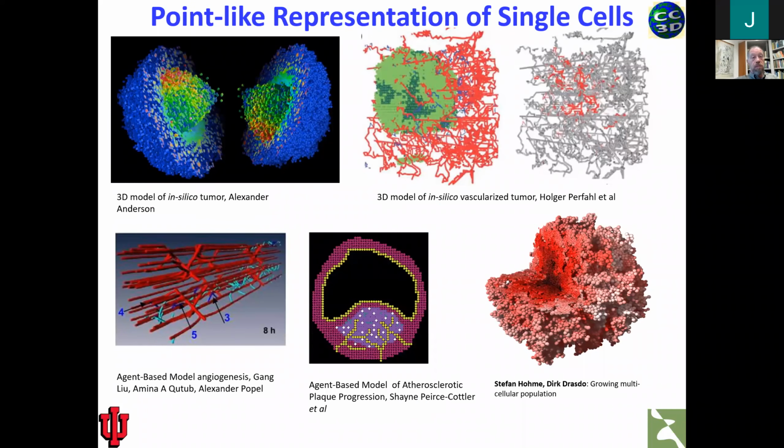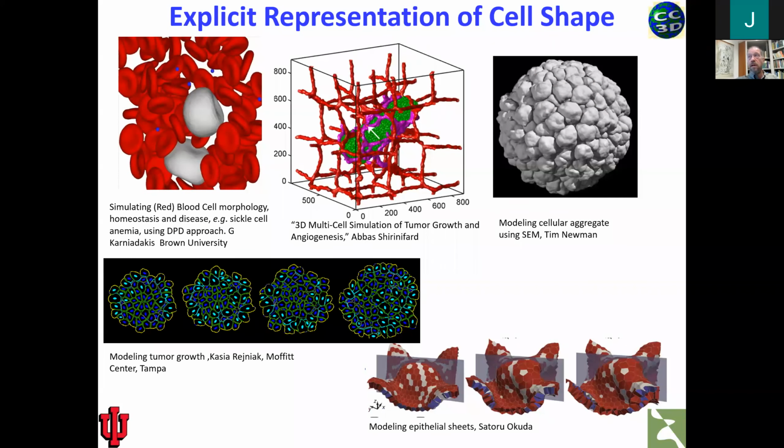Just to show you a little bit of a zoo of some of the pictures of different modeling methodologies, these are all center model, these are all point-like models, or cellular automaton models. So in this case, each cell in each one of these simulations is a point, doesn't have any spatial detail. In this case, we're going to the other extreme in that upper left corner.